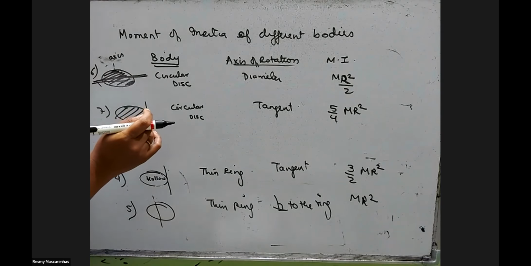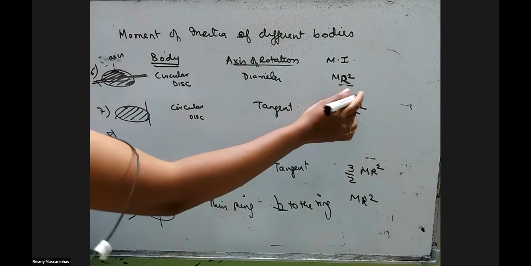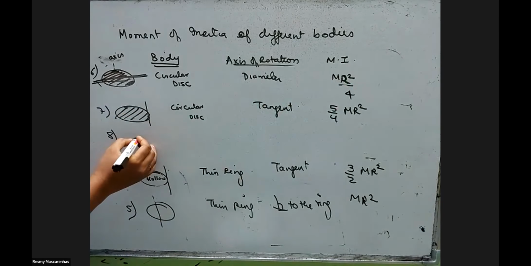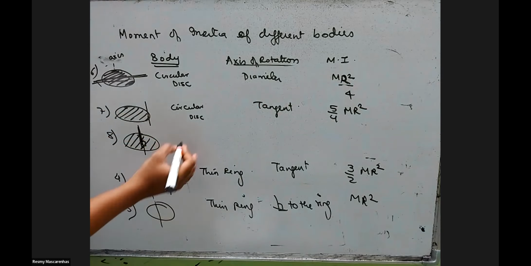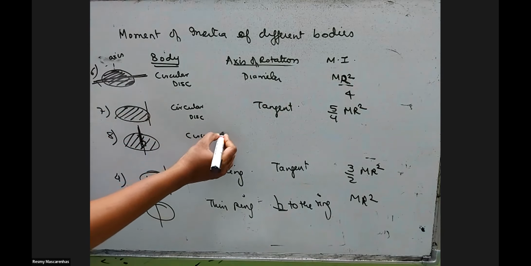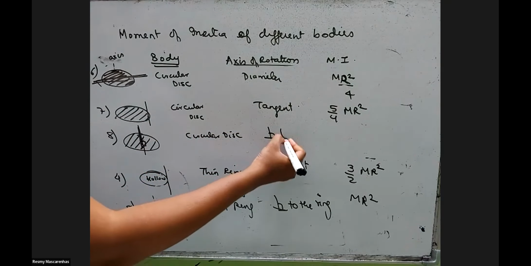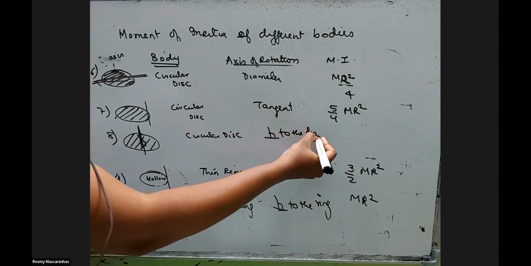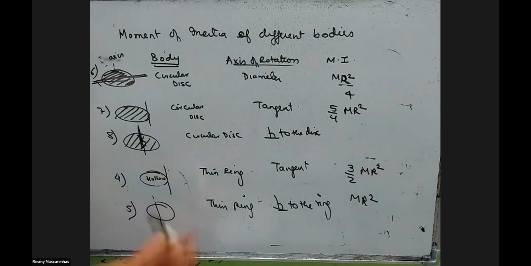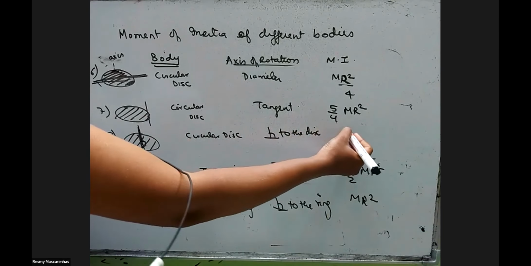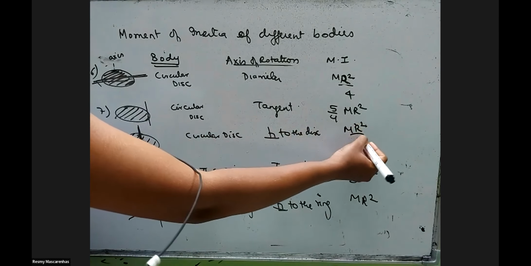Then the next, this is perpendicular to the disc. Then this is MR square by 2.